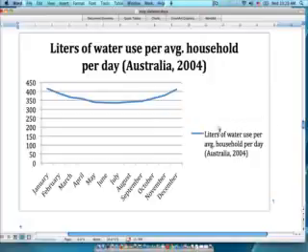So now here we can see that our y-coordinate is talking about the liters of water used per average household per day, and we can see that the figures are up around 400, between 400 and 350 liters per day in Australia in 2004. Along the x-coordinate we have the months January to December.